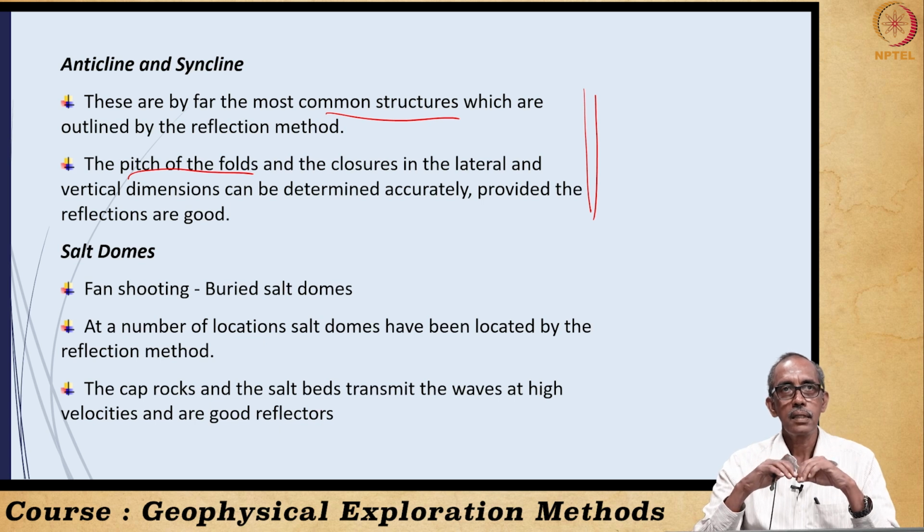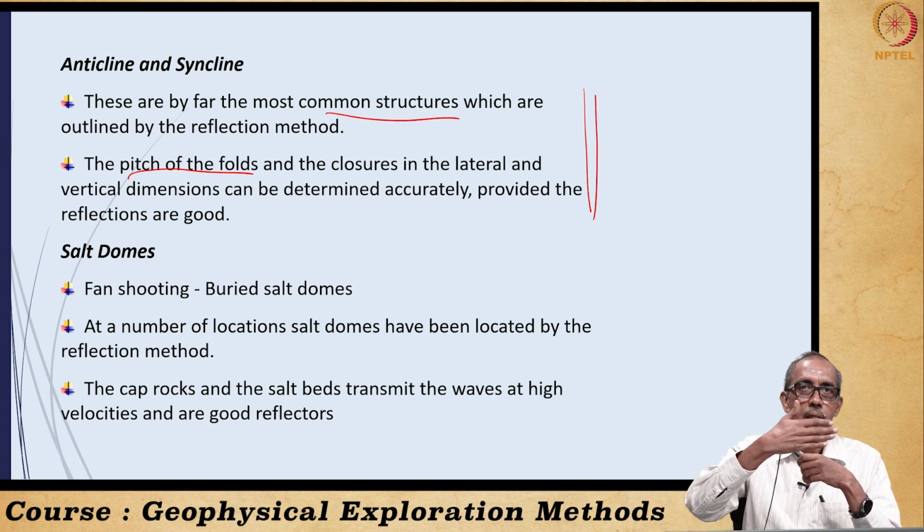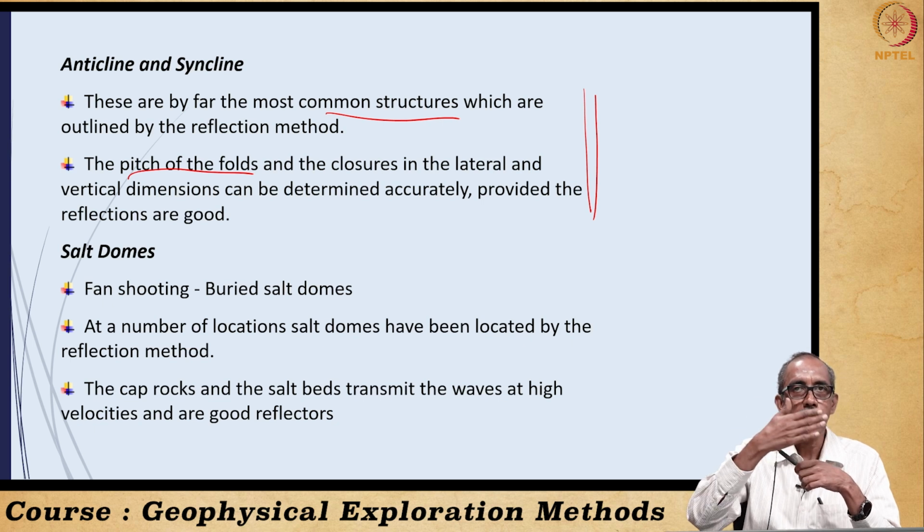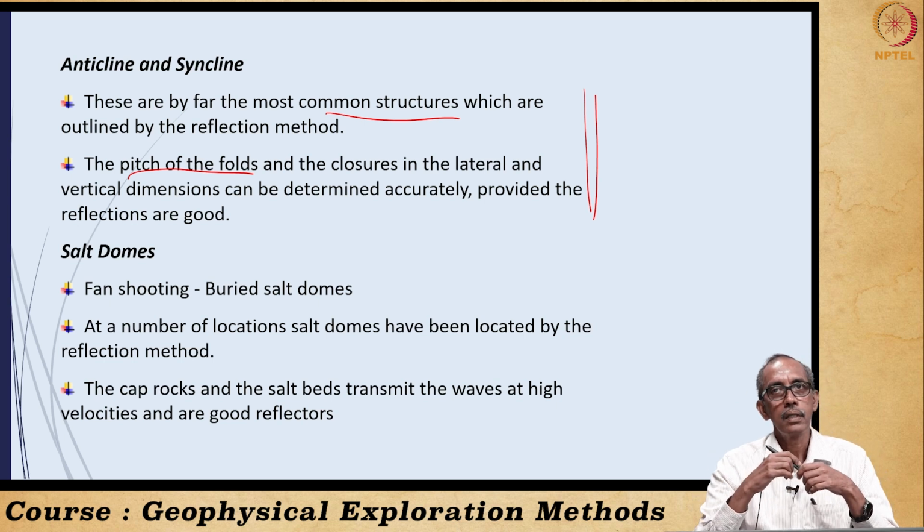Whether this axis is horizontal or inclined can also be brought out by carrying out different profile surveys. That means, if you conduct the seismic reflection survey perpendicular to the fold axis along 2 or 3 profiles, we will be able to understand the orientation of the fold axis.